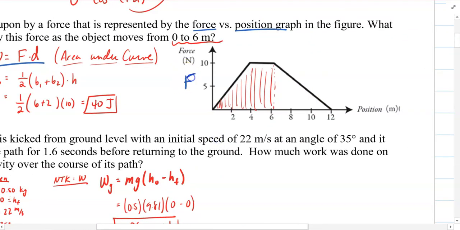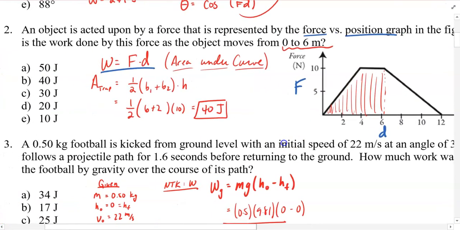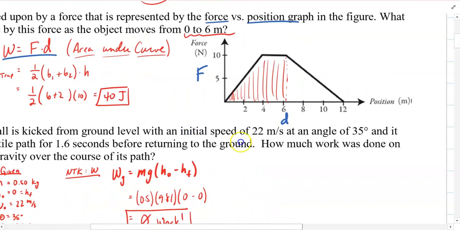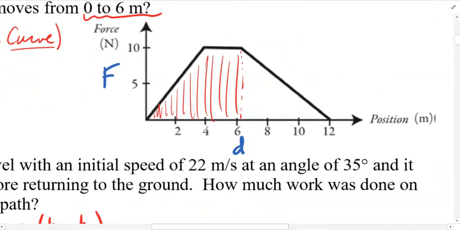So if we think on the grand scheme of things, we've got a force measurement and distance measurement, and we can find the force that's being applied at any distance that the object has traveled. And so we want to know what the work was done by this force as it moves from 0 to 6 meters. Now, for us, we would like to simply multiply force times distance, but force is not constant.